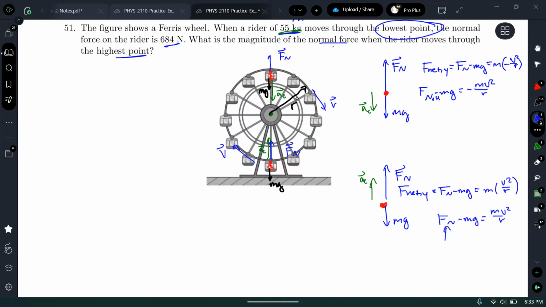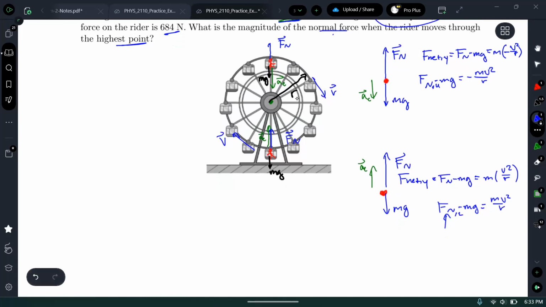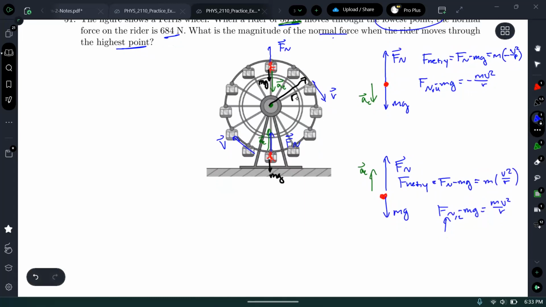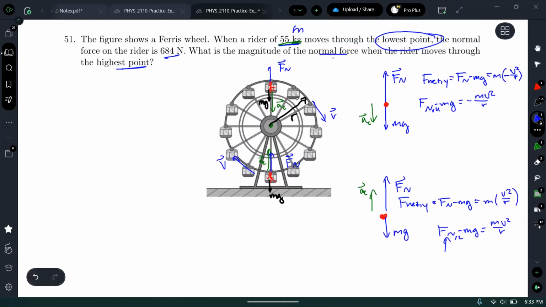This is upper, lower normal force. What I can see is that I can sort of eliminate this between the two equations.